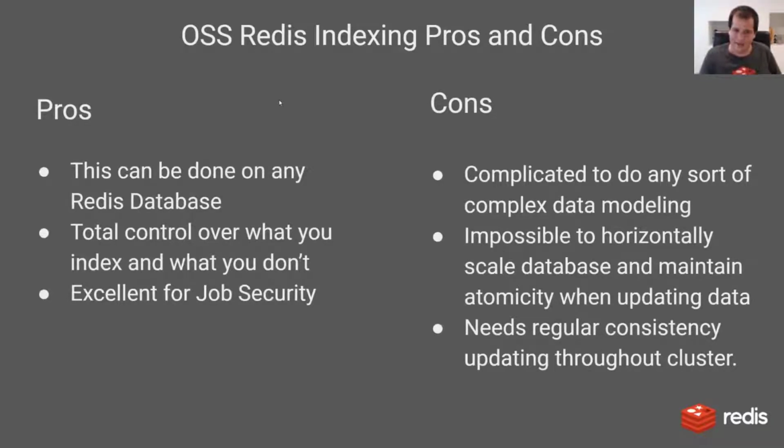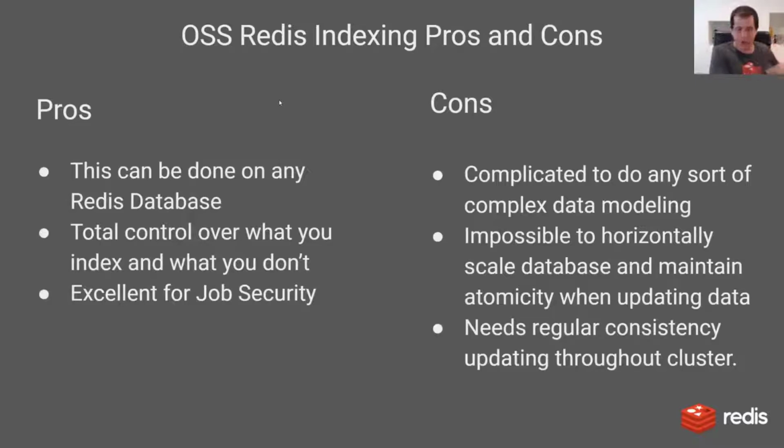And the biggest downside is that it's impossible to horizontally scale your database and maintain any sort of atomicity when you're updating your data. And what's the reason for this? Well, in Redis, when you shard your databases, you need to have all of the commands that are being executed in an atomic operation hitting keys that are all on the same shard.